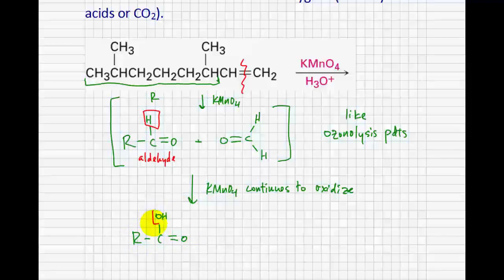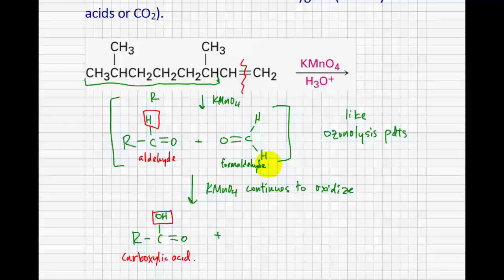We'll have a carboxylic acid. In the other product, which was formaldehyde, O double bond CH2, that will be oxidized all the way.